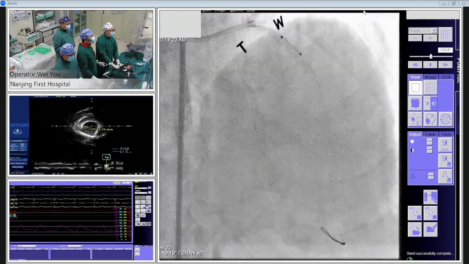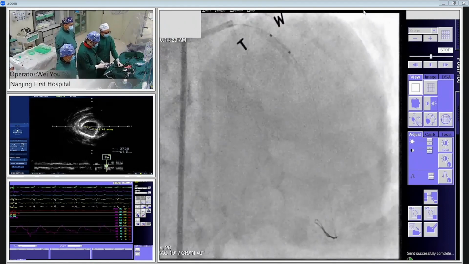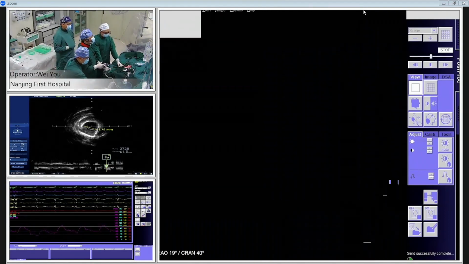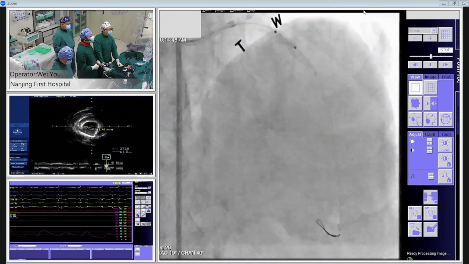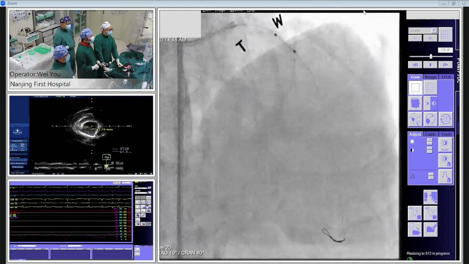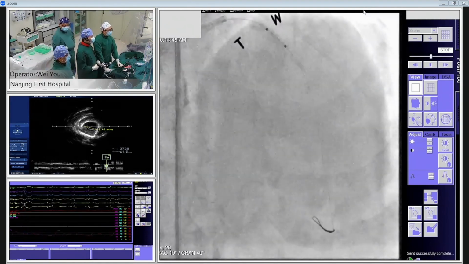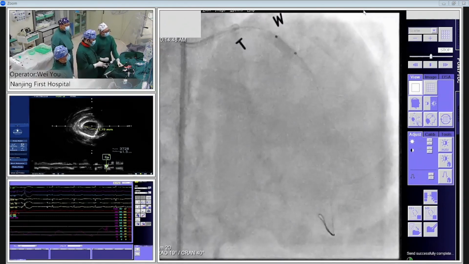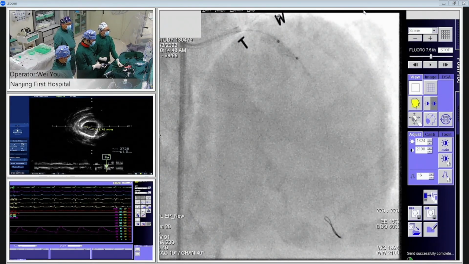Okay, I'll retrieve the balloon again. Still feel some resistance. Go to 4, then up to 6. Then one more round. We have finished the third round.